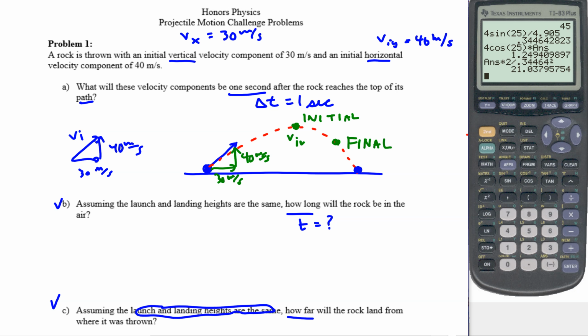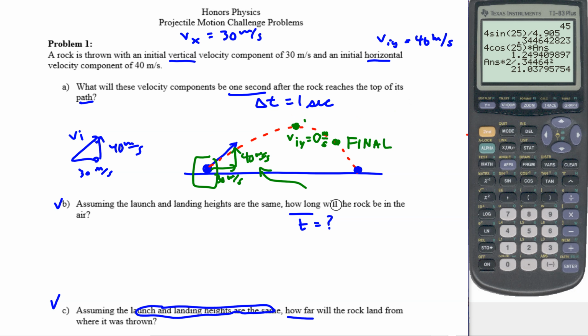And what is VIY at the peak? It's 0, we learned. So we will not use 40 as VIY. That 40 refers to a different initial moment, this moment, which is really not what they asked us to consider in this question. They asked us to consider the peak as the initial moment.